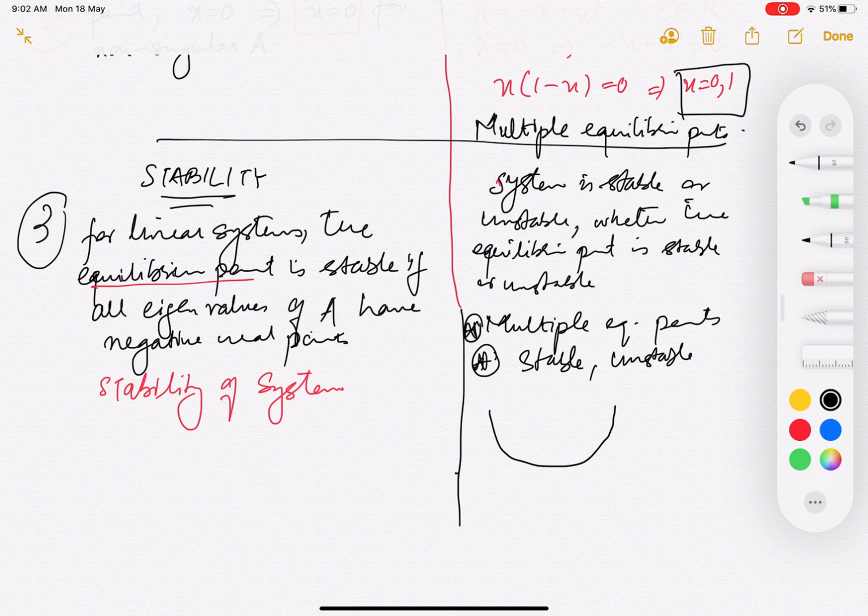A simple example of something like this could be a bowl and a ball example. In this case, the ball would finally stabilize at this mean position. So this is a stable equilibrium position. If you invert this bowl, you can balance the ball here, but this is an unstable equilibrium position.